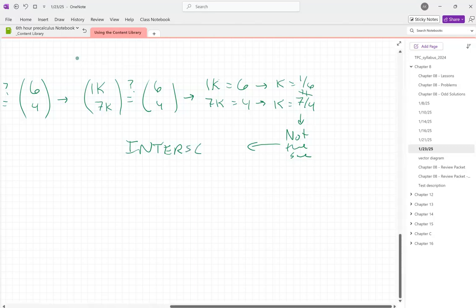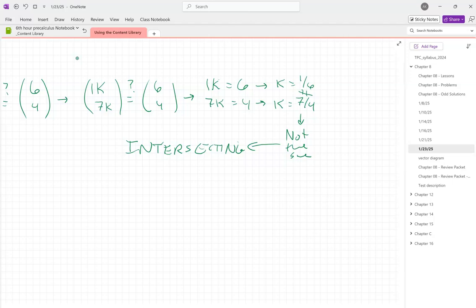Helps if I can spell things. Okay. Now to find that point of intersection, now that I've determined they're intersecting, because if the lines have different slopes, there's no way they can be parallel, there's no way they can be coinciding. They have to cross at some point, correct?